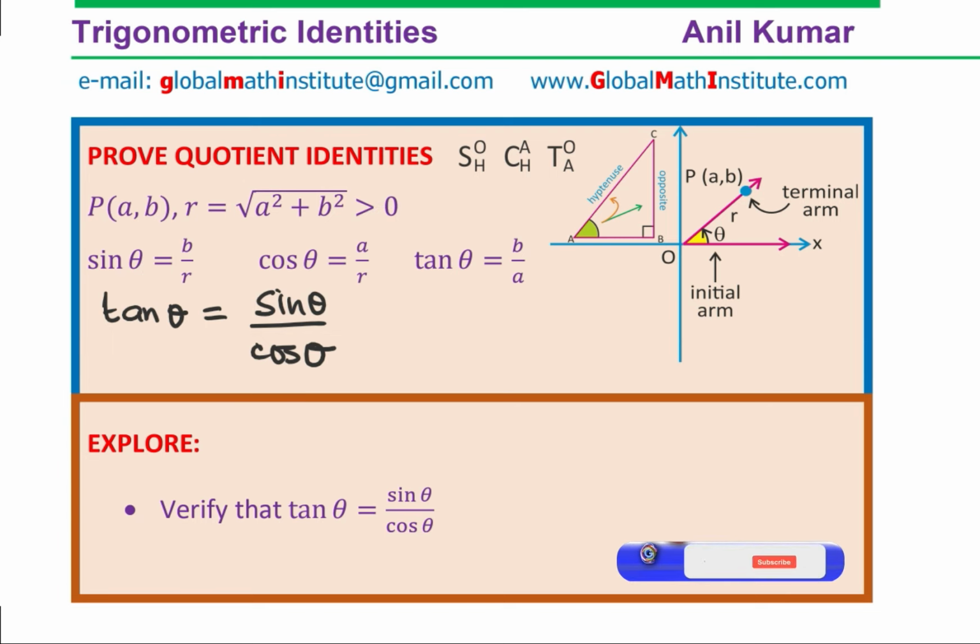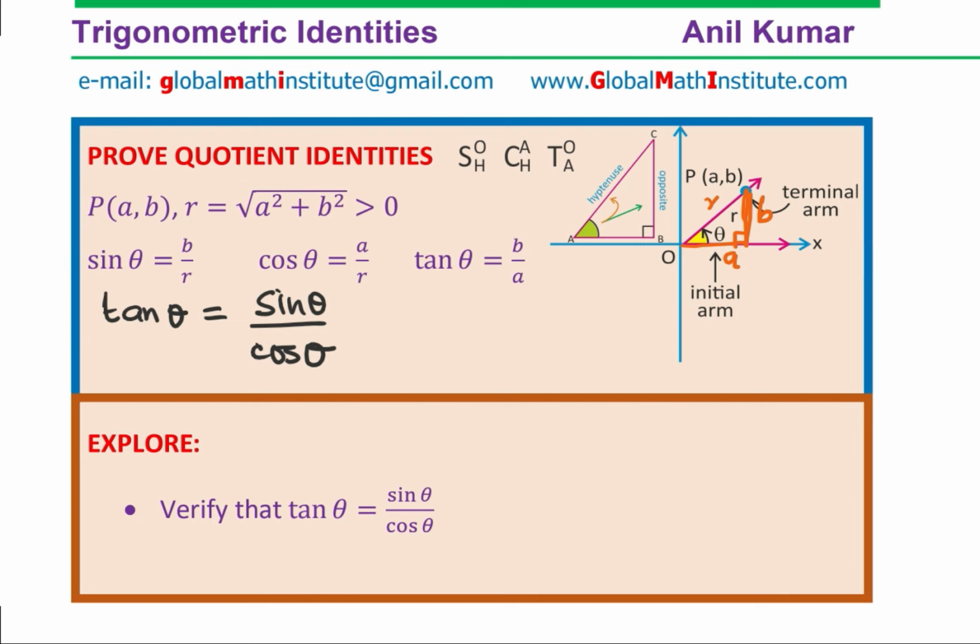Sine theta is the ratio of opposite to hypotenuse. If I drop a perpendicular here, as you can see, then sine is the ratio of this opposite side, which is of length B, so B over R. Hypotenuse is R. Is that clear to you? Cos theta is the ratio of the adjacent side, which is A over R.